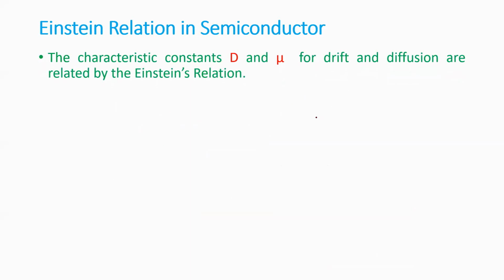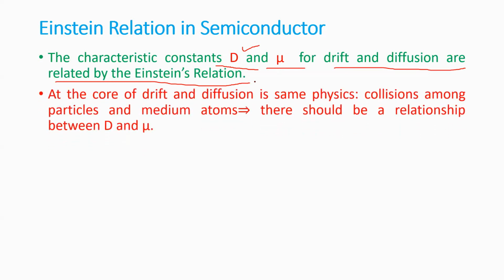These two factors which we normally talk about are D and mu. D is your diffusion constant and mu is mobility. They are for drift and diffusion and are related by the Einstein relation. When we talk about diffusion, we talk about the diffusion constant. When we talk about mobility, we talk about mu. So they are related by the Einstein relation.